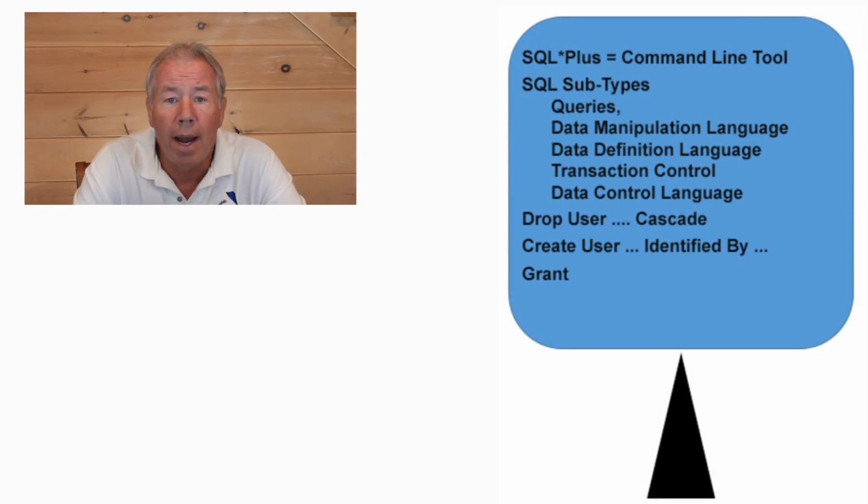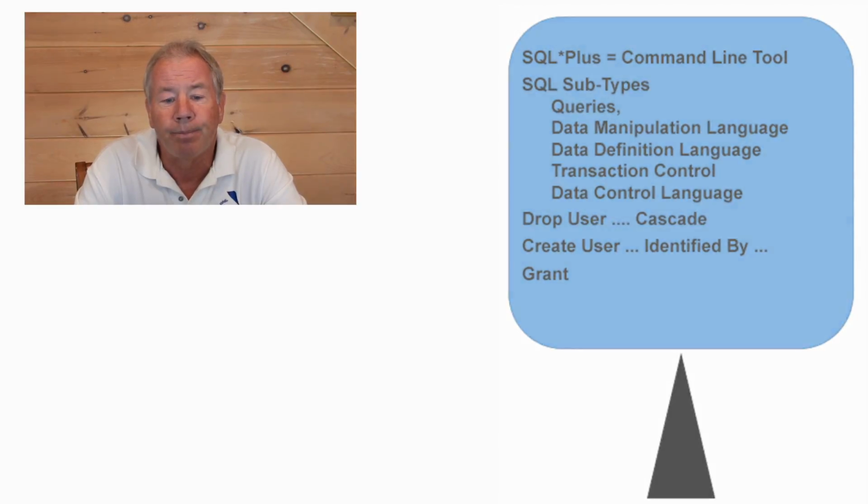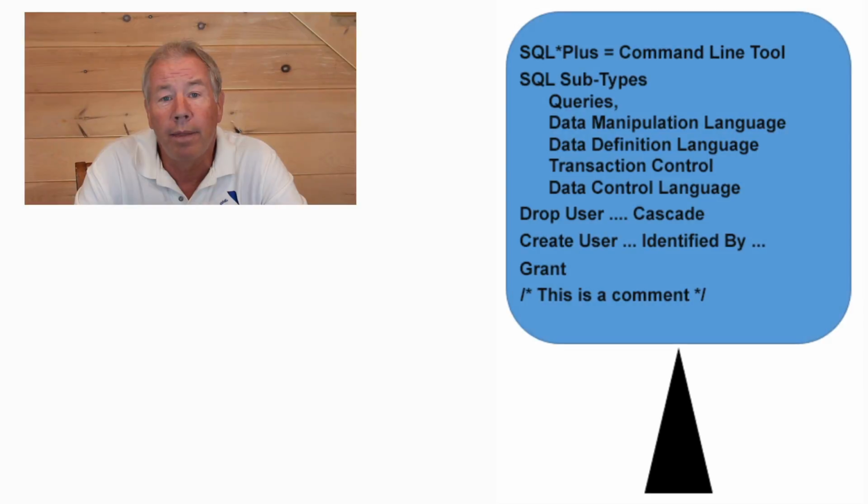Next, we granted some access privileges, in particular connect and resource, to our new user such that they could get on their new schema and start using it. Also, don't forget we had a brief discussion of how to comment your scripts, real standard, slash, asterisk, comment, asterisk, slash, and you're golden.